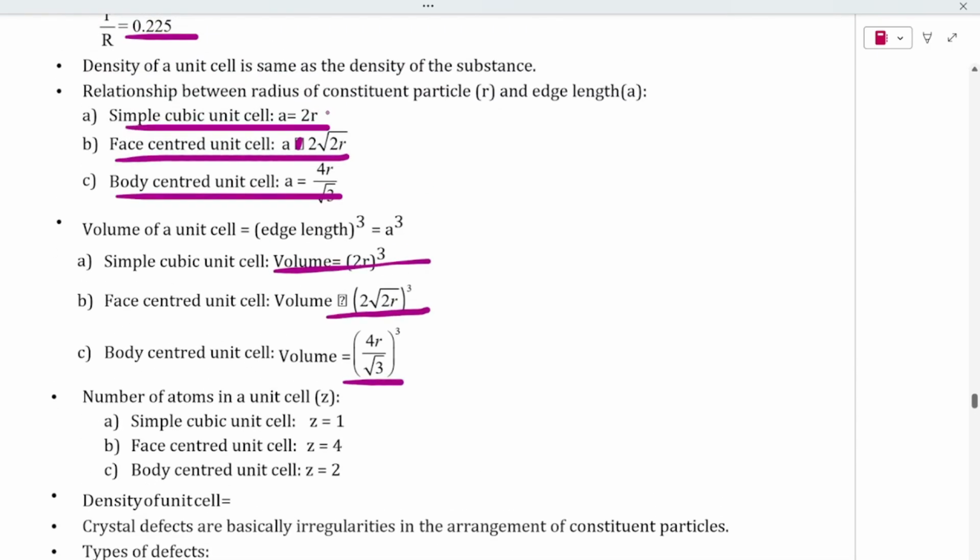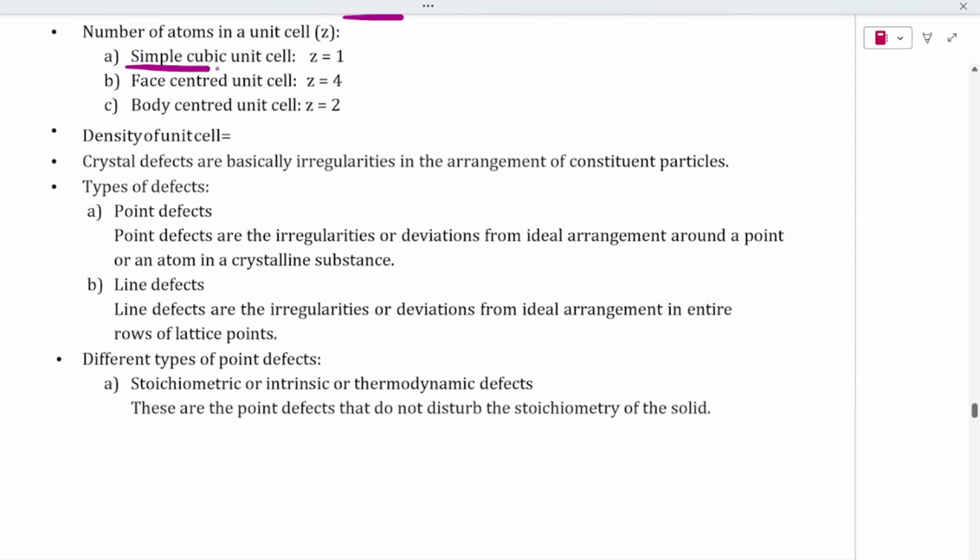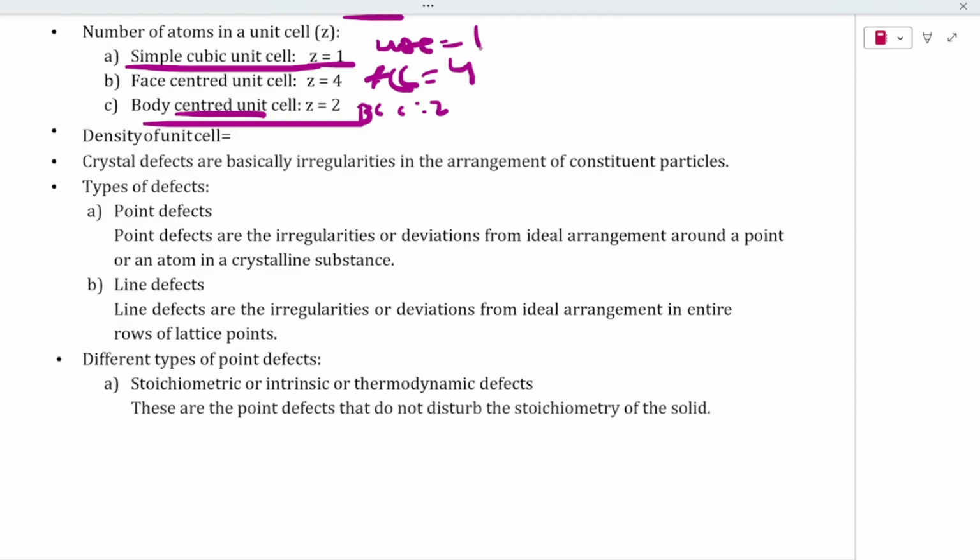That means, from the edge length relationship, you cube it and you will get the volume. Number of atoms per cell: simple cube has 1, body-centered means BCC has 2, FCC has 4.